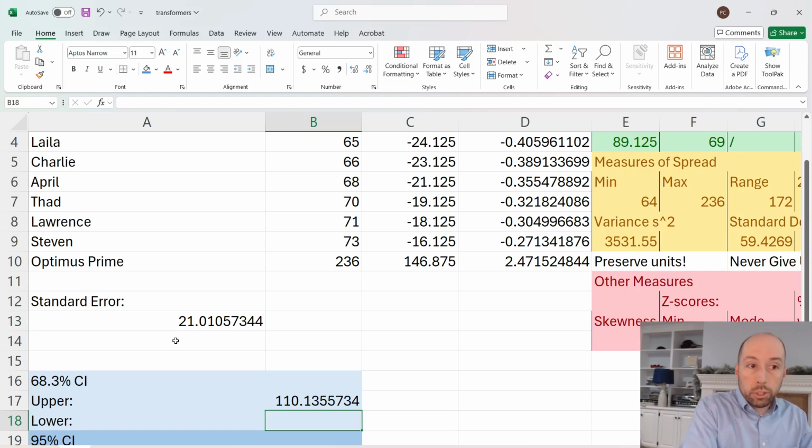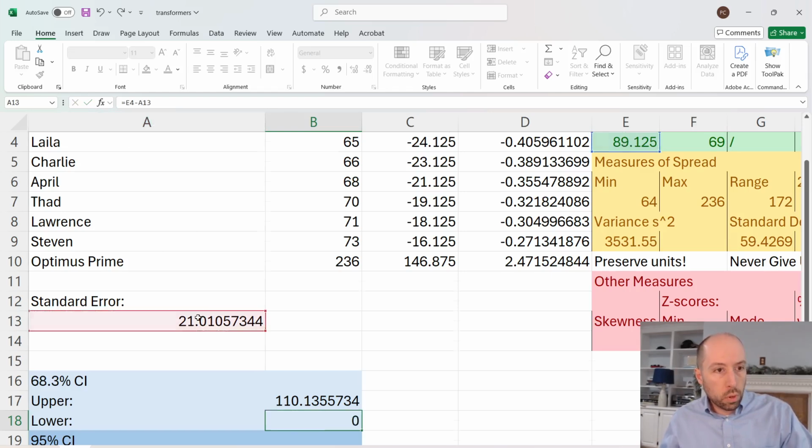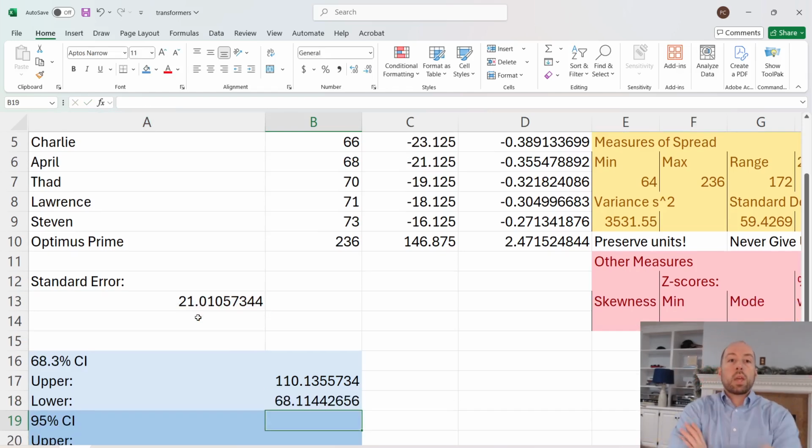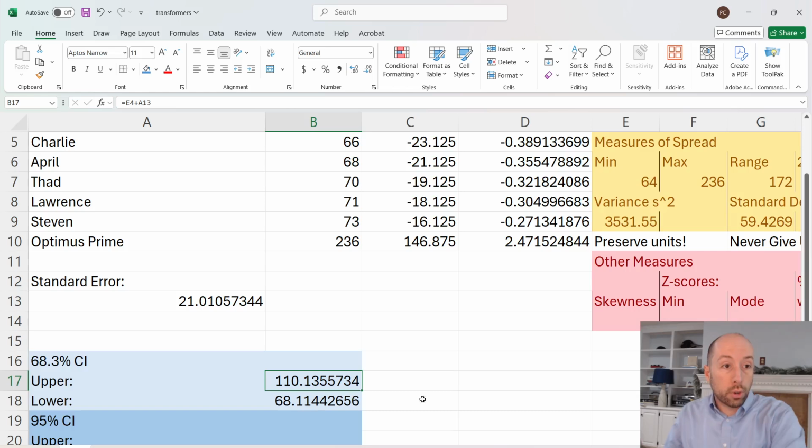So this lower bound should be equal to my sample average minus 1 standard error. Ta-da! And I stretch that and say there is a 68. Notice that it's also 68 here purely by chance. I'm talking about this 68. There's a 68.3% chance that the true population average is between 68 and 110.